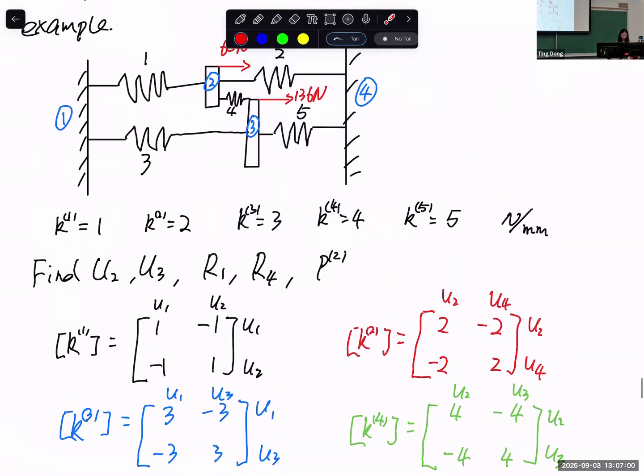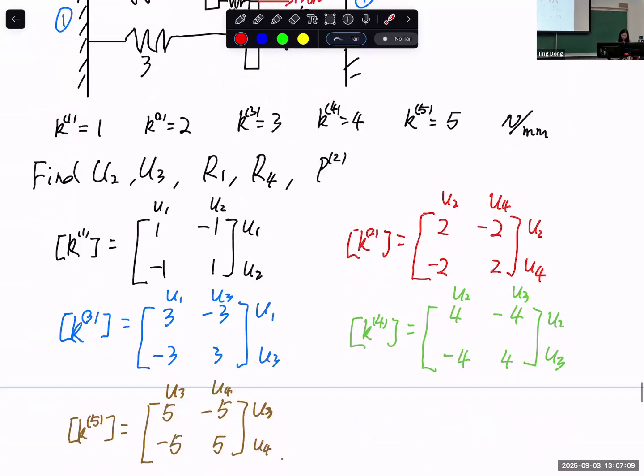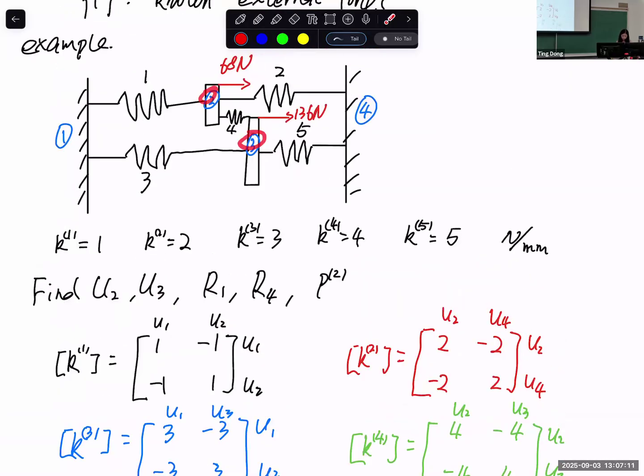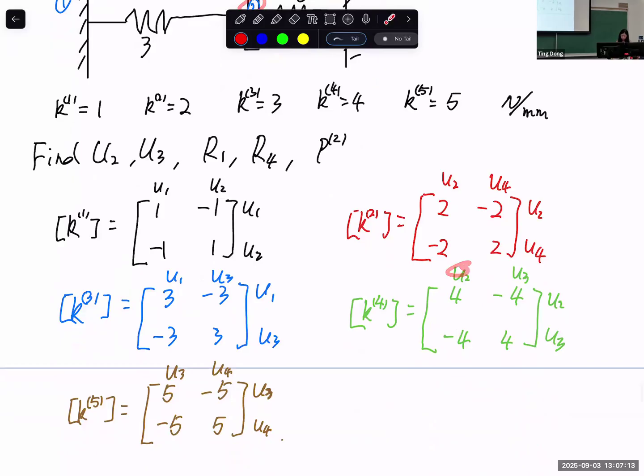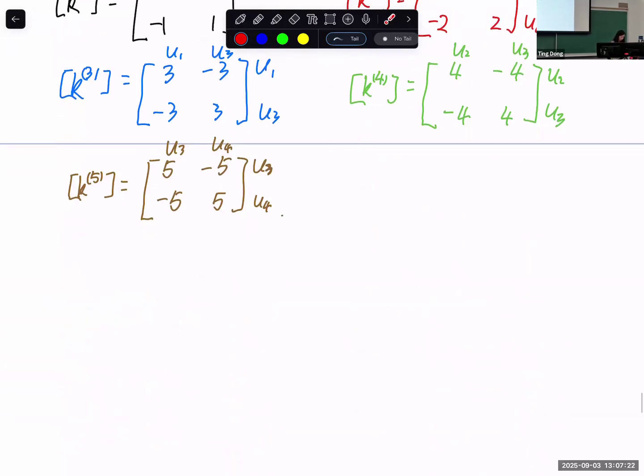This is basically determined by what two nodes the element is connected to. So for element 1, it's connected to node 1, 2. That's why 1, 2, 1, 2. For element 4, it's connected to node 2 and node 3. So that's why we have 2, 3, 2, 3. Any question?